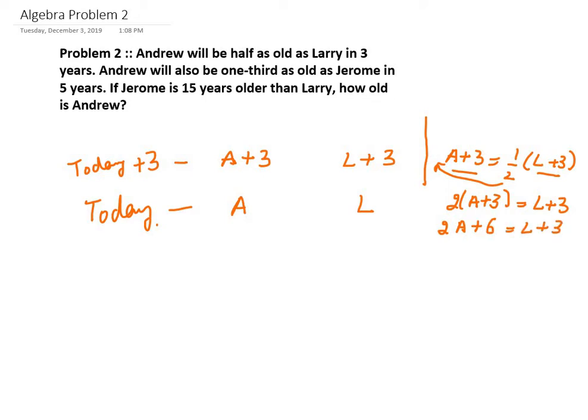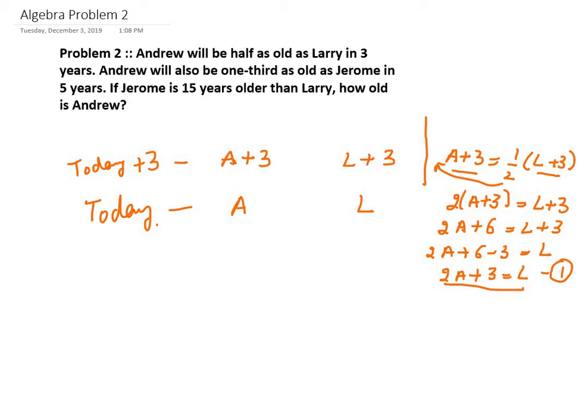If we take 3 to the other side, here it is plus, it will become minus. So 2A plus 6 minus 3 is equal to L. Right? So 2A plus 3 is equal to L. Let's say this is one equation we are having. This is one relationship we figured out between A and L by using the first statement in the problem.